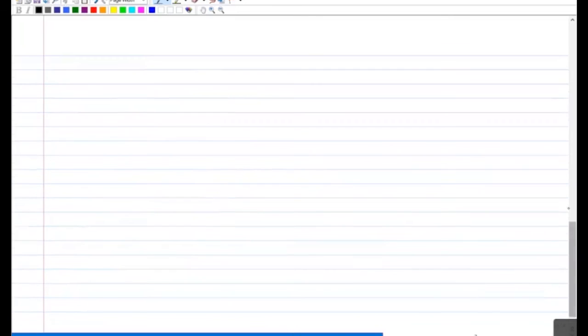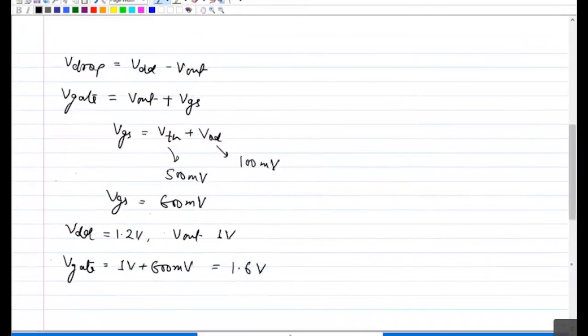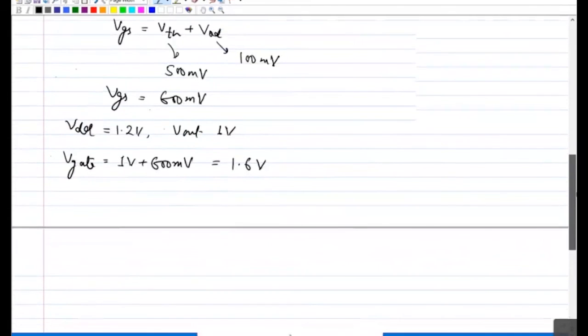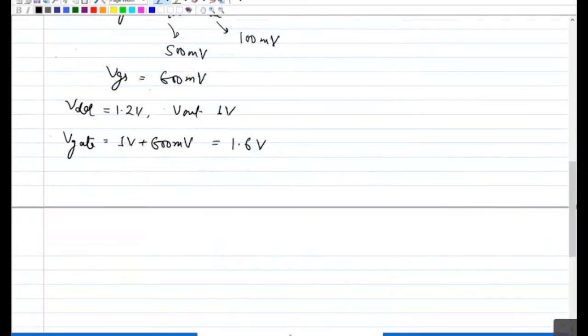Which means if this is the gate voltage required, then the VDD of the error amplifier should be greater than 1.6 volt. Okay.